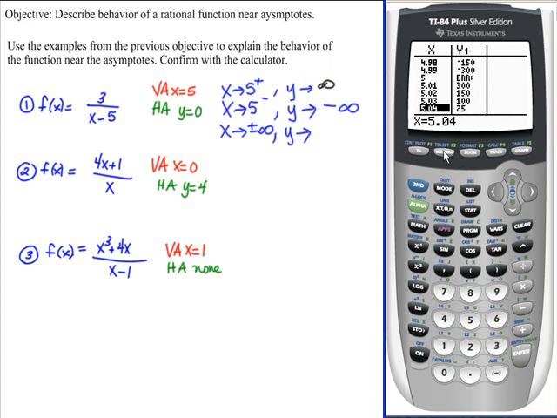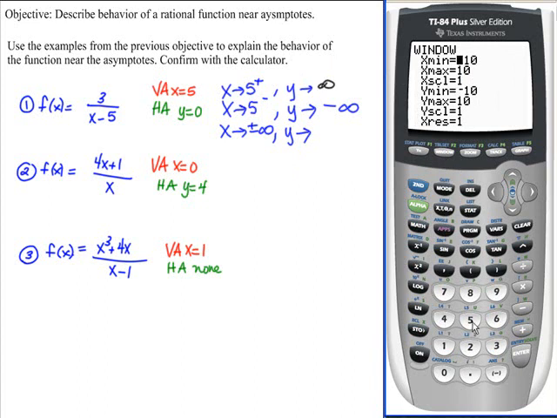Now we've got to examine what's happening at the extreme values of x, that is the long-term behavior. So let me change this. I'm going to go back to, oops, I didn't mean to do window, I meant to do second window. Let's change that to 5 and just change it by 1 for a minute. That's what we were doing.